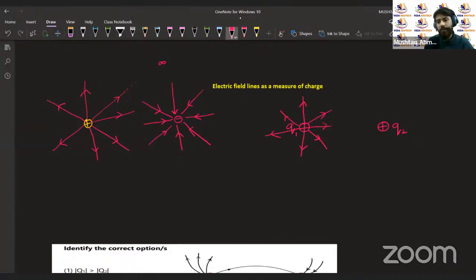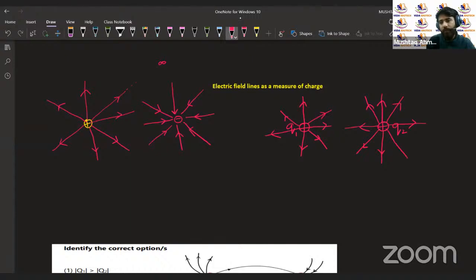And we have another charge here. The electric field lines are originating from this charge Q2. It's an isolated charge. But here the density of electric field lines originating from this positive charge is more.